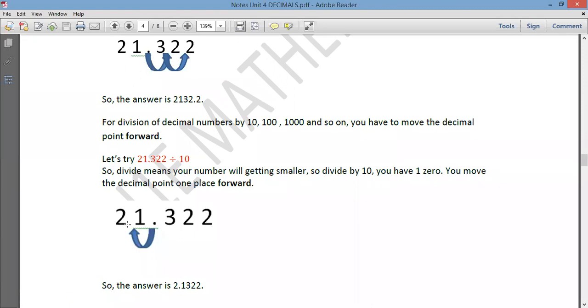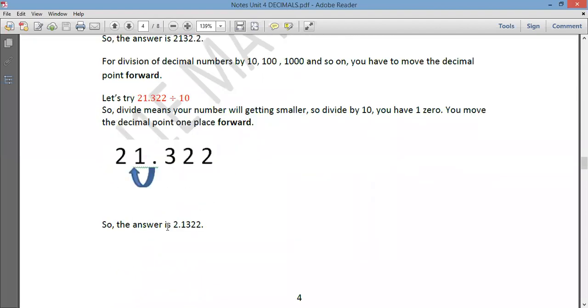So 21.322 divided by 10: 10 has one 0, so you move the decimal point one place forward. The answer is 2.1322.